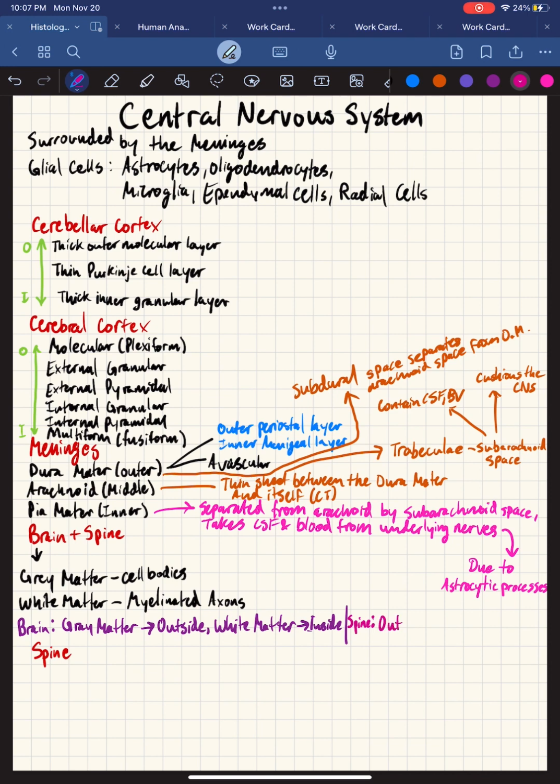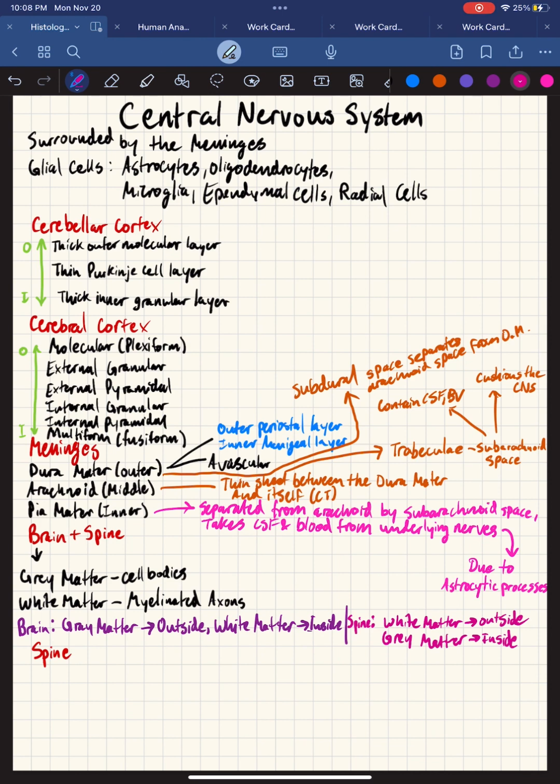The outside is going to be comprised of white matter and the gray matter is going to make up the inside. Now, why does that occur? We don't have to know until the final. So to be honest with you, I could not care less right now because I honestly hate histo, but here we are.